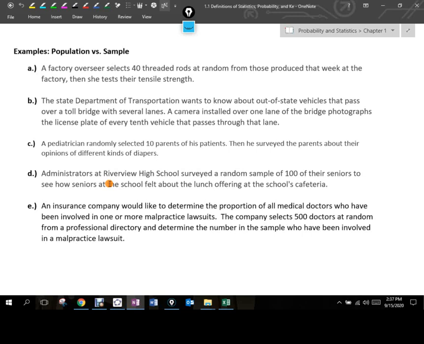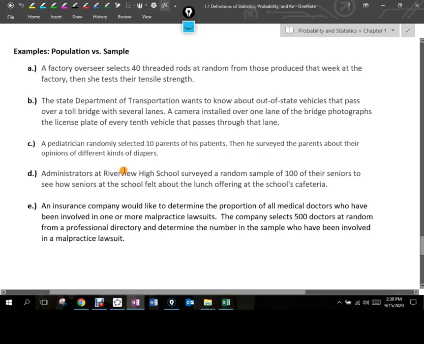If they check every one of them that they make, they are being inefficient with their resources, right? But if they can check every like 20th or 30th or 40th, they're going to be able to judge the population a little bit better and a little bit more efficient. Okay, so that's called systematic random sampling, and we'll get into the details of how that's done, but that's what's going on in this situation.